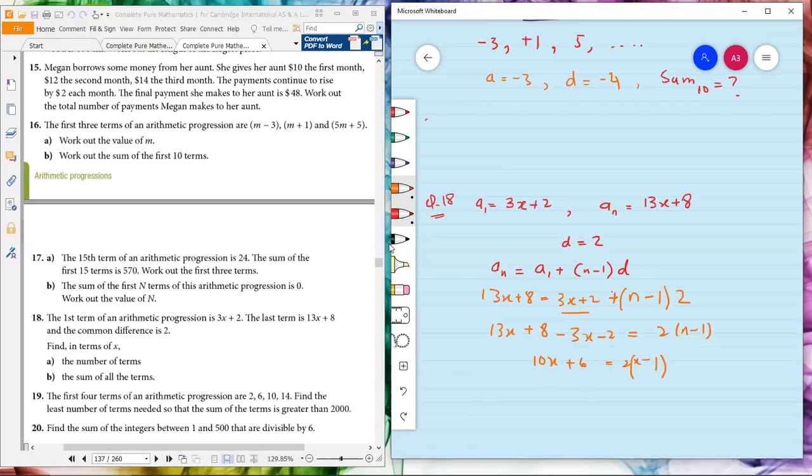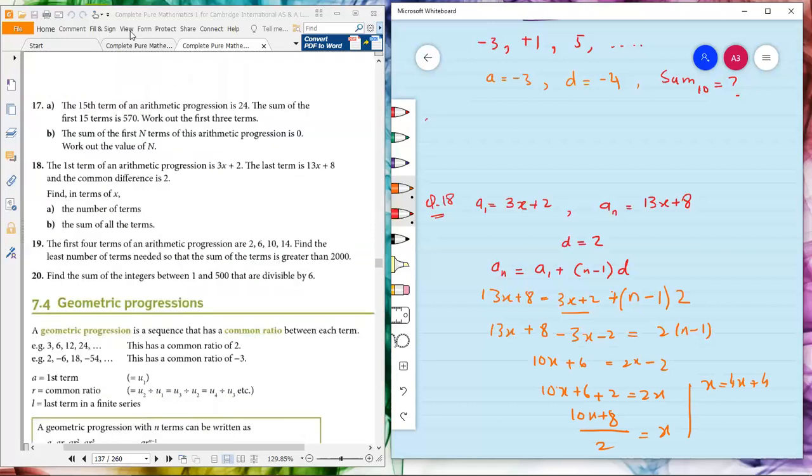Then 10x plus 6, multiplying out 2n minus 2, plus 2 is equal to 10x plus 8, and divided by 2, n would be equal to 5x plus 4. This is your final answer. And the sum of all terms I can find because I have the first term, the last term, and the difference.